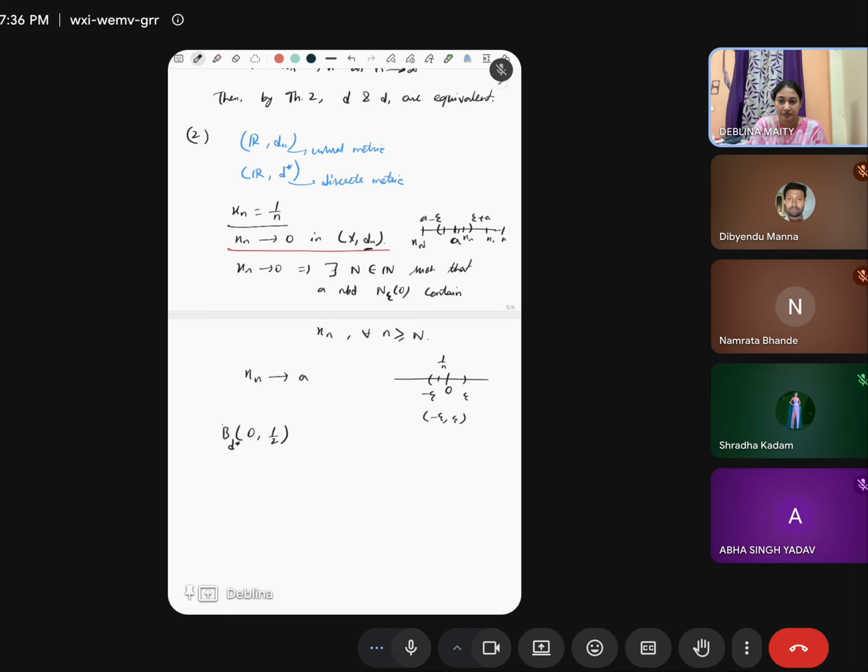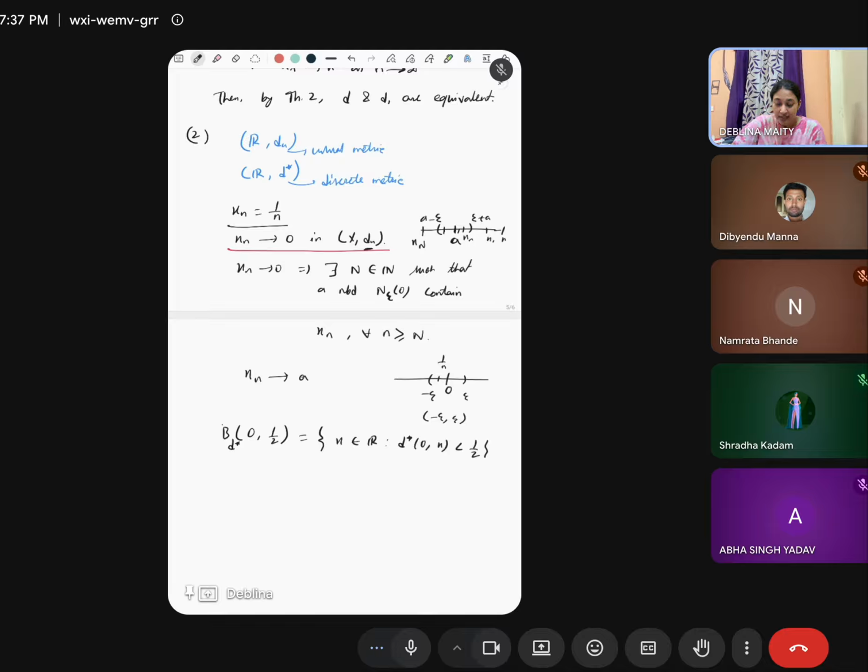What is this set in the discrete metric? It is all those x belonging to R such that d star(0, x) is less than half.